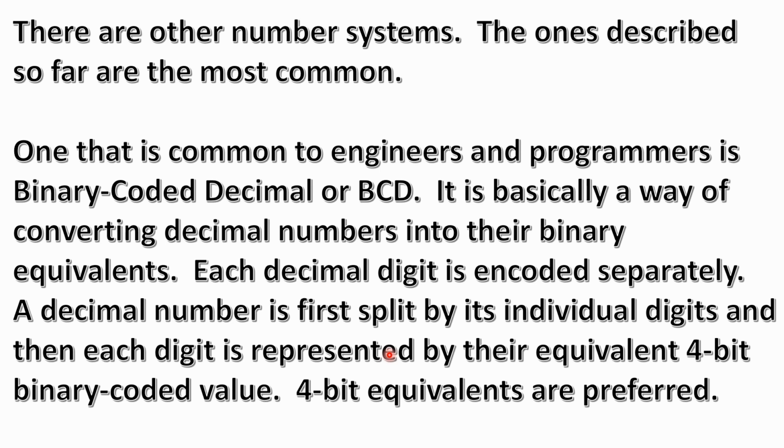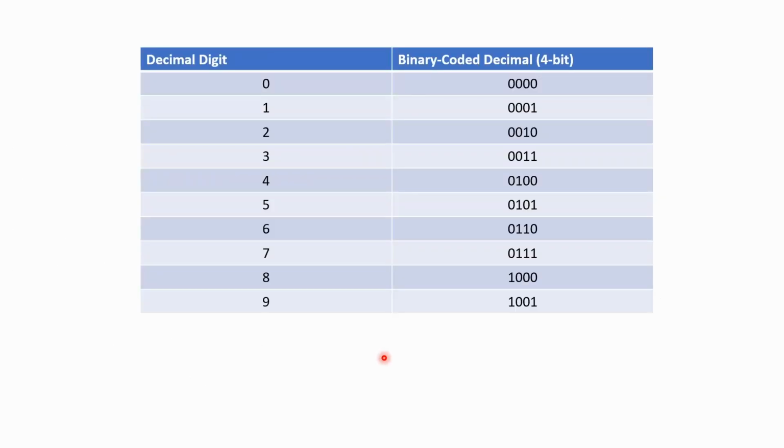The difference here is that each decimal digit is encoded separately. A decimal number is first split by its individual digits, and then each digit is represented by its equivalent 4-bit binary coded value. Now, 4-bit equivalents are preferred. I believe there are some where they've used 8-bit, but I don't think that's very common.